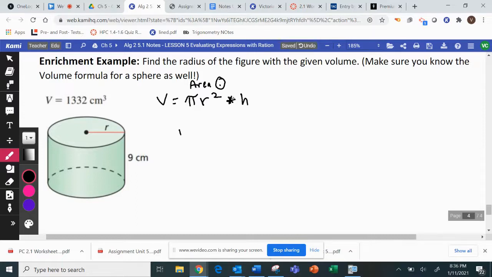So pi r squared multiplied by 9 has to equal 1332. Let's see, I need to divide both sides by 9.